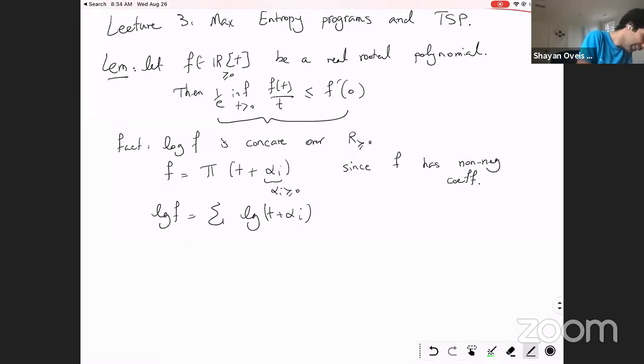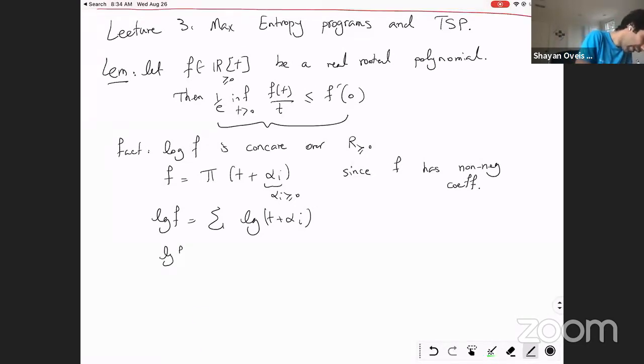If you take the second derivative of log of f, it's basically equal to the summation of minus 1 over (t plus alpha_i) squared. Basically, the point is we know log is a concave function, and here we have a summation of logs, which is also concave. Okay, so that's the proof of the fact.